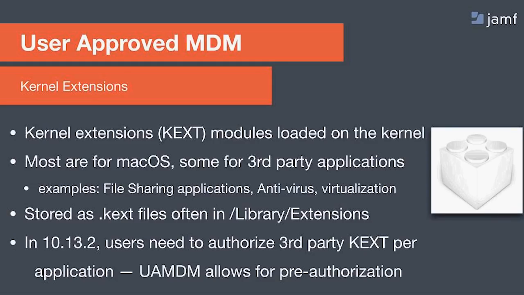There are definitely ways to find out if you're using anything that uses a .kext, which is stored throughout your operating system, but often in Library/Extensions. If, for whatever reason, you don't have users on a user-approved MDM, they would need to authorize those third-party kexts per application.